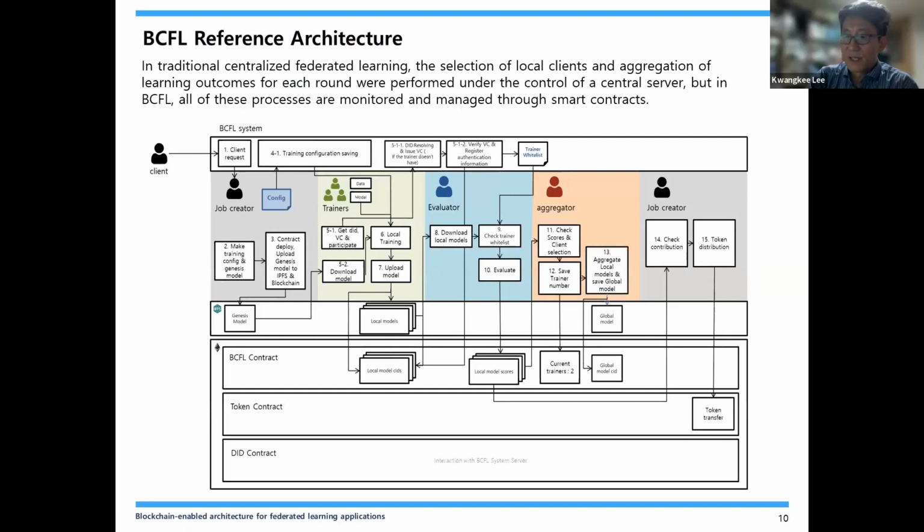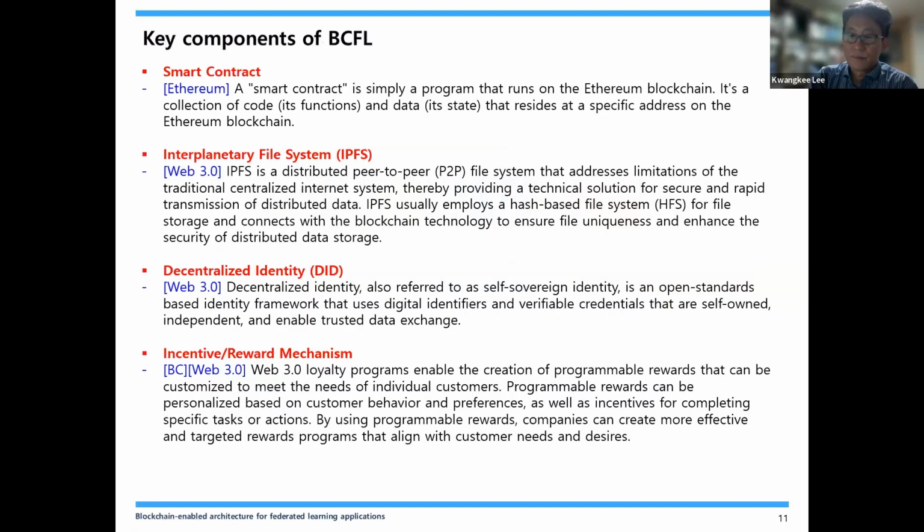But in BCFL, all of these processes are monitored and managed through the smart contract. Core ingredients of BCFL include smart contract, IPFS, DID, and incentive reward mechanism, etc. They are all rooted in blockchain, Ethereum, and Web 3.0, but are defined and used for BCFL.